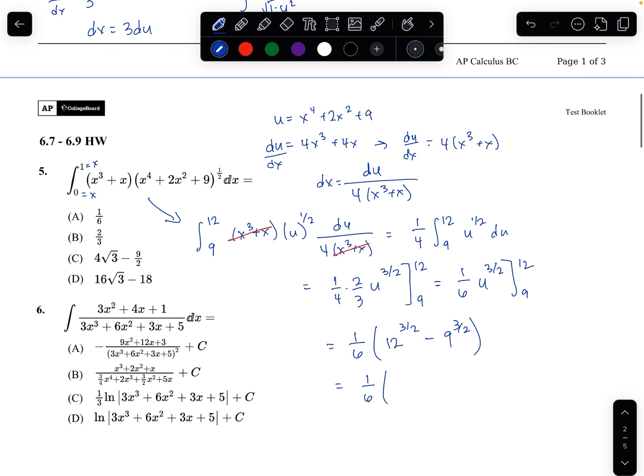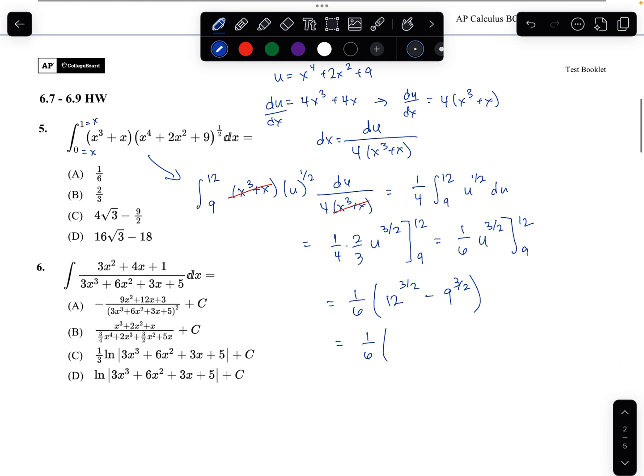Okay, and then that's going to be equal to 1/6. Looks like we're going to have to use some algebra, guys. So 12 to the 3 halves, I'm going to do some scribble work, is the square root of 12 to the 3rd power, and the square root of 12 is going to be 2 root 3, I believe, and then that's going to be raised to the 3rd power, so that's going to be 8, and then that's going to be 3 times 3 root 3, I believe, right?